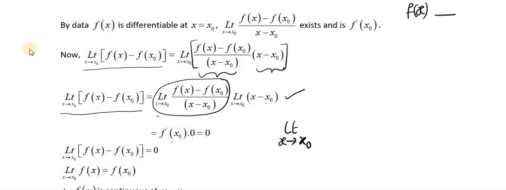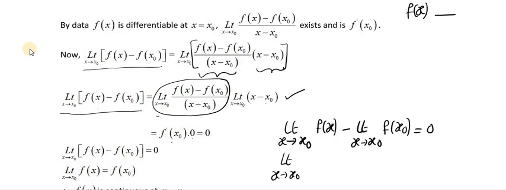Then the limit as x tends to x naught of f of x minus the limit as x tends to x naught of f of x naught equal to 0. This one I am going to write as it is, but this one is f of x naught only, because f of x naught is a constant.